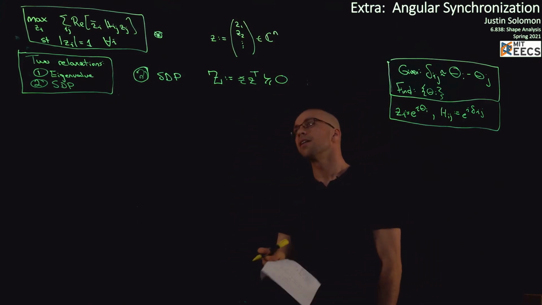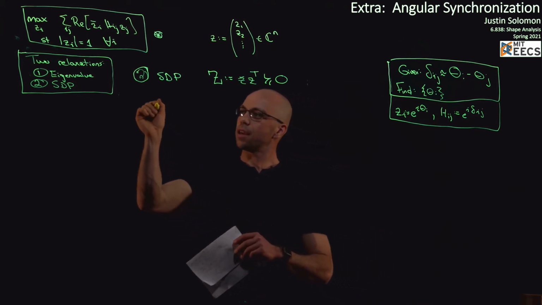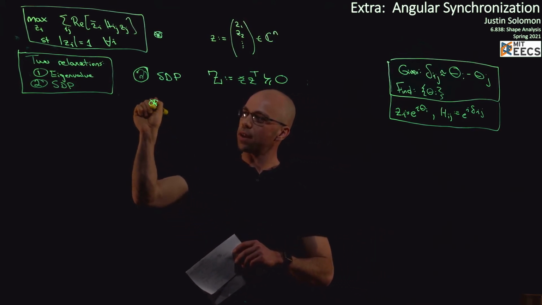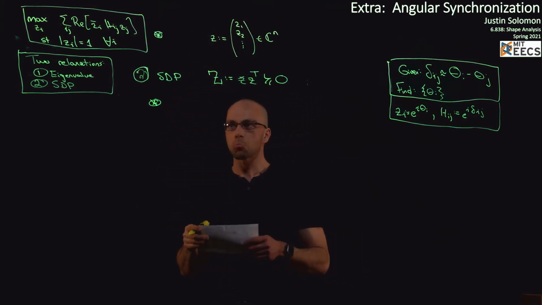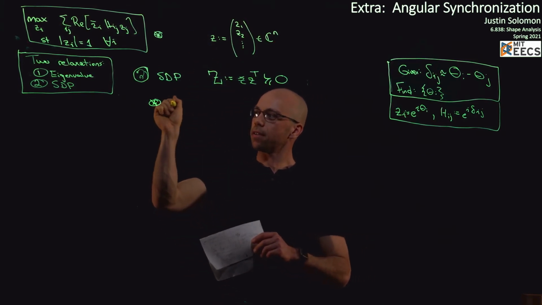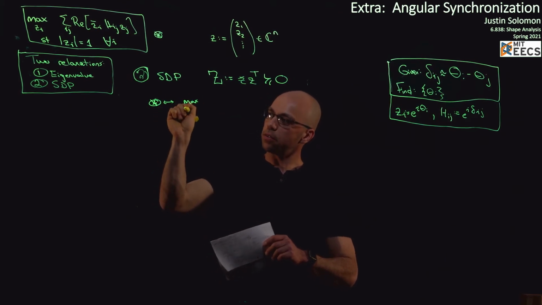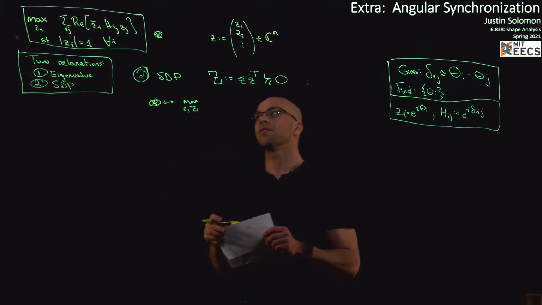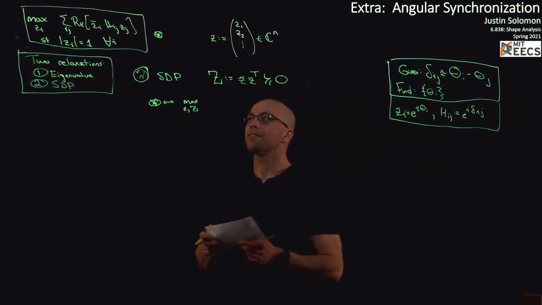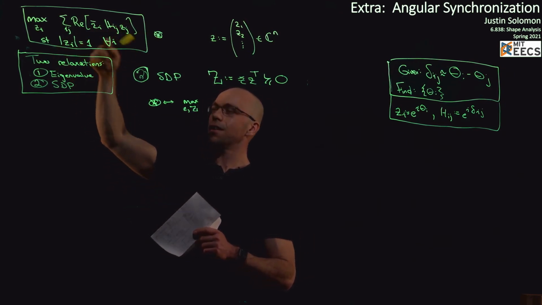Okay, so it turns out that we can take our problem star and write it in a slick way in terms of little z and big Z. Essentially, we're going to say that the star here is equivalent to maximizing over 2 variables, little z and big Z, the following. Now, this is a sum over all ij, the real part here.